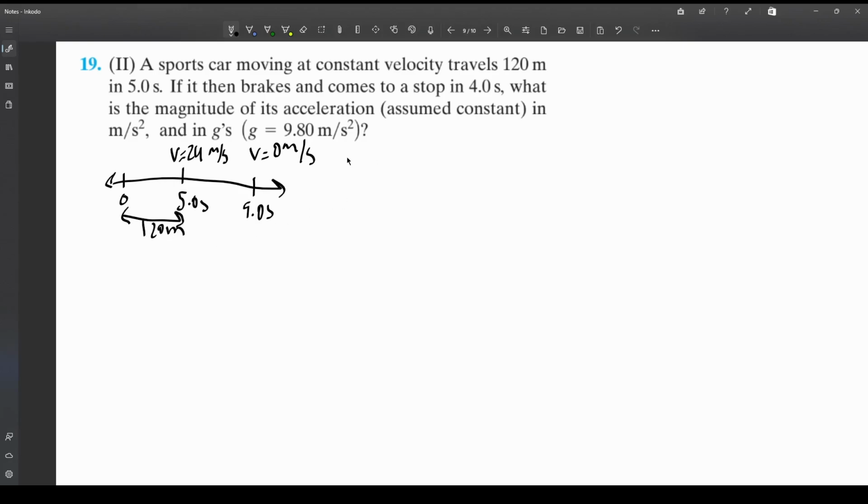So this is what our diagram looks like. Our car starts from 0 seconds and goes to 9 seconds. But between 5 seconds and 9 seconds, it comes to a stop in 4 seconds. So what is the magnitude of its acceleration?